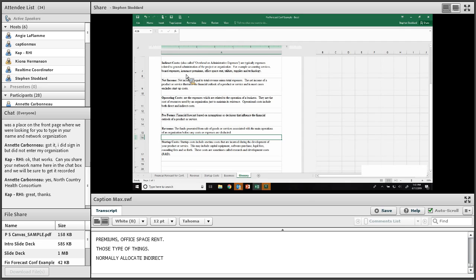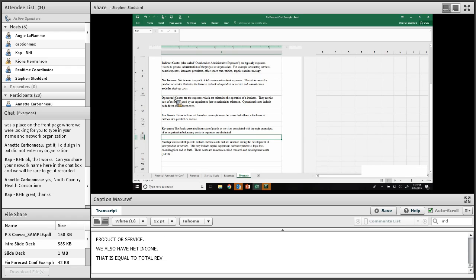That's a direct cost. The next one is indirect costs, and those are also known as overhead costs or administrative expenses. And those are typically related to general administration of the project or the organization. So for example, accounting services, board expenses, insurance premiums, office space rent, those types of things.